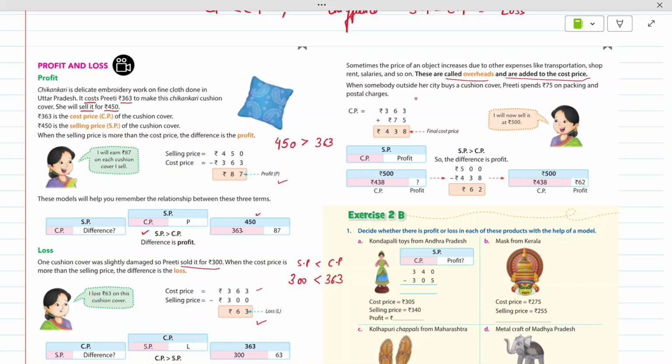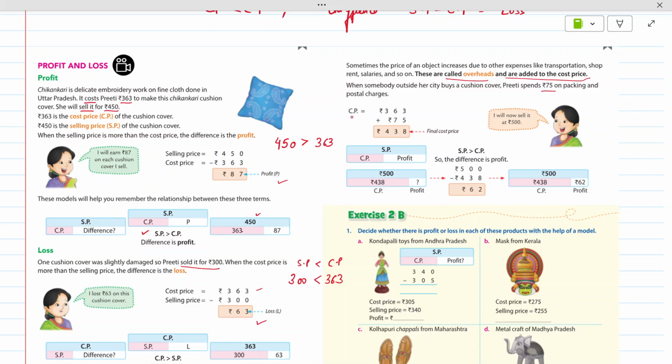So till now we have done this concept when she was selling things in the local city. Now if somebody orders the cushion outside the city, then she will have to spend some money on packing and postal charges, so that it gets delivered to another city. The amount she is spending on that is rupees 75.